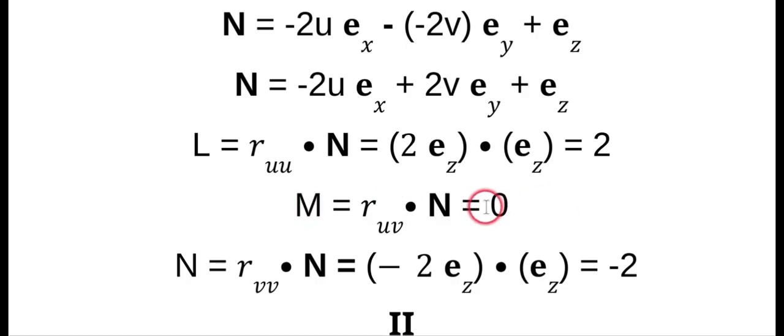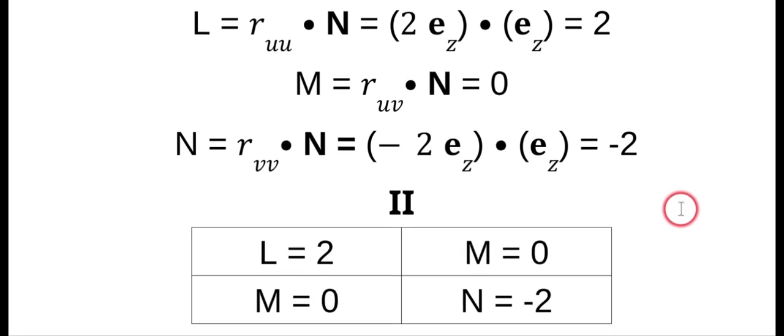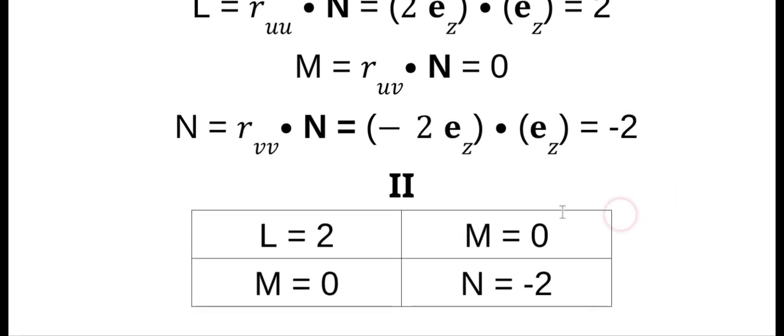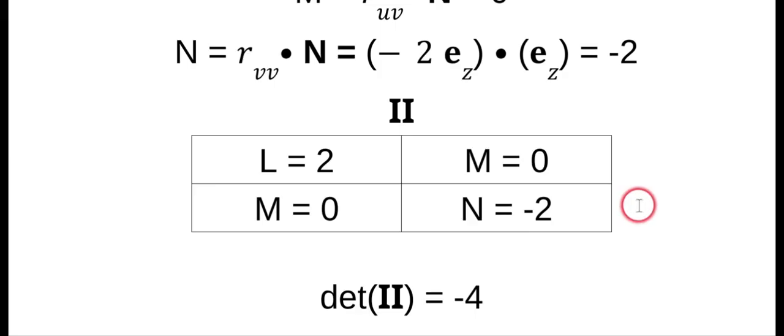The M is 0, and the N is negative 2. Okay? Now here is the matrix. So we've got L, M, M. These are always equal. N. All right. And the determinant of that is this times this minus this times this. So it's a negative 4.